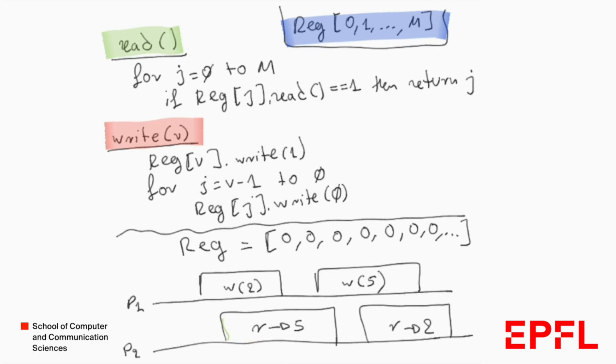So consider this read here. Let's say this read starts, it reads 0 in position 0, then it reads 0 in position 1, then it reads 0 in position 2. So at this point, after process P2 has read 0 in position 2 of this reg array, process P1 comes and writes 1 here, let's say at some point here.